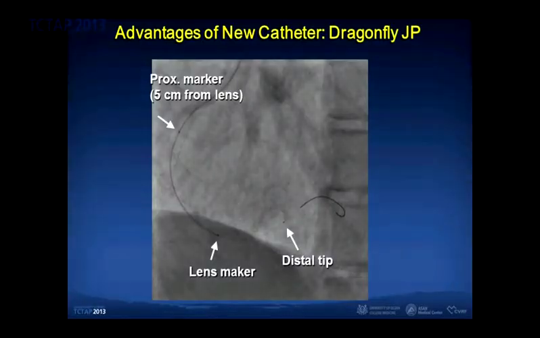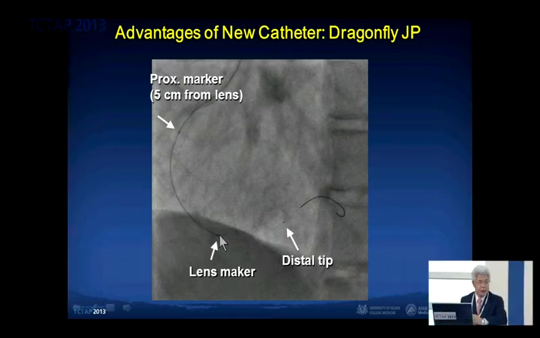As you may know, after the development of frequency domain OCT, it is quite easy to use OCT in daily clinical practice. We can identify the position of the image by lens marker, and we can identify the region between the lens marker and proximal marker.